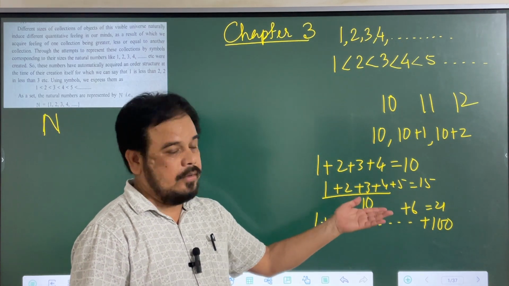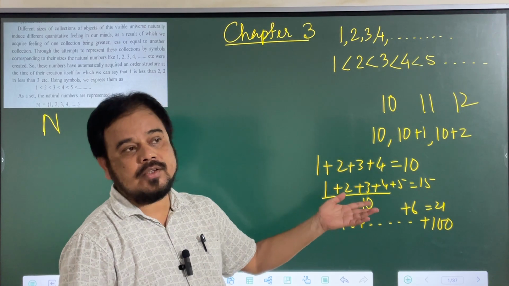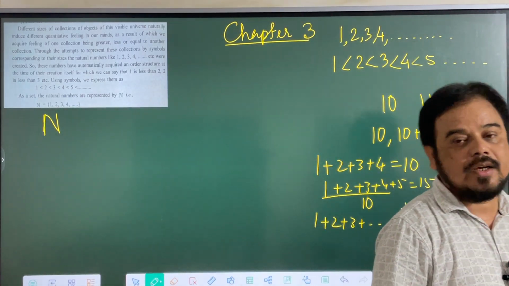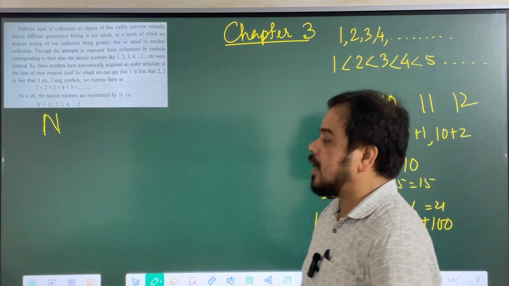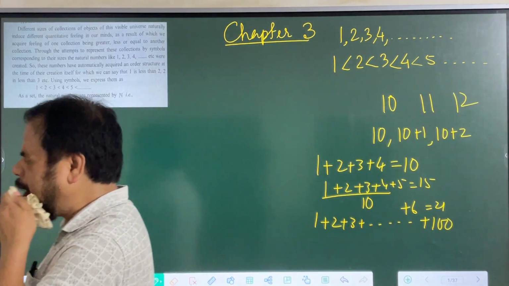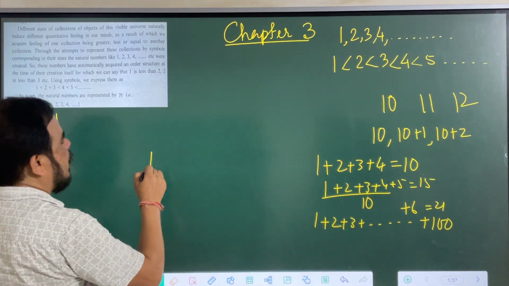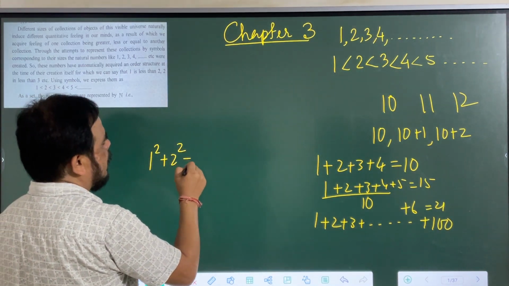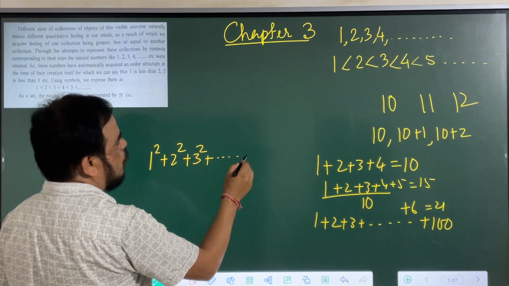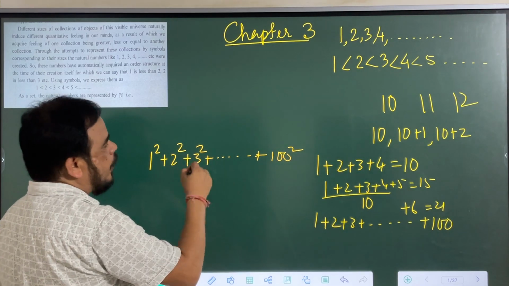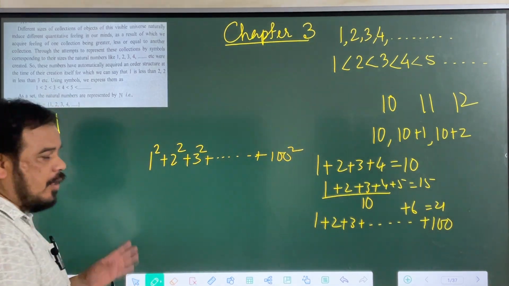If it is 1000 or 1 lakh, there must be some special technique to add different types of natural numbers. Suppose 1 square plus 2 square plus 3 square, going on like this up to 100 square. How do we add this type of numbers?